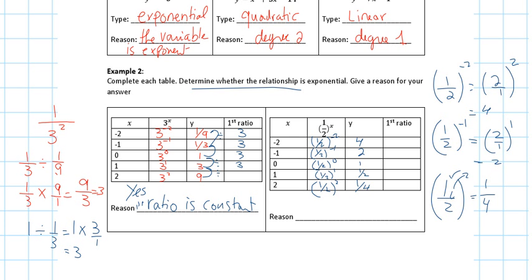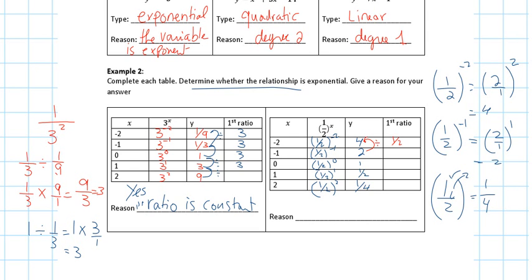Okay, let's look at the first ratio. First ratio means I have to divide y2 divided by y1. So 2 divided by 4. It's a half. 2 divided by 4: you have 2 pizzas, there's 4 people, they each get a half.